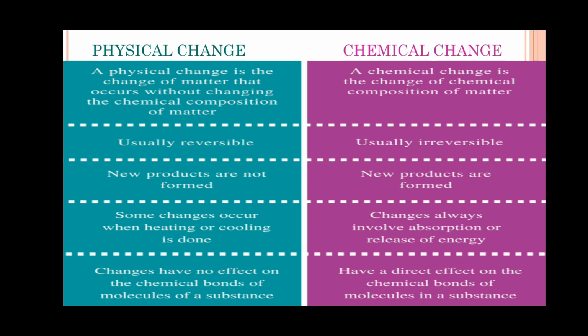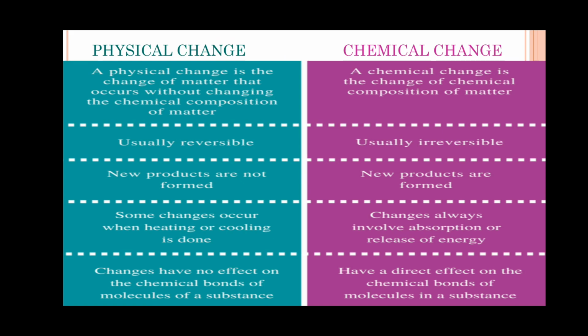Physical changes usually are reversible. For example, if you bend a copper wire into a different shape, it is a physical change, and this change can be reversed back to its original form. Usually chemical changes are irreversible. In physical change, no new product is formed, whereas in chemical change a new product is formed.